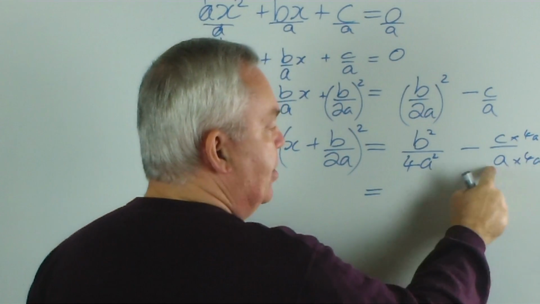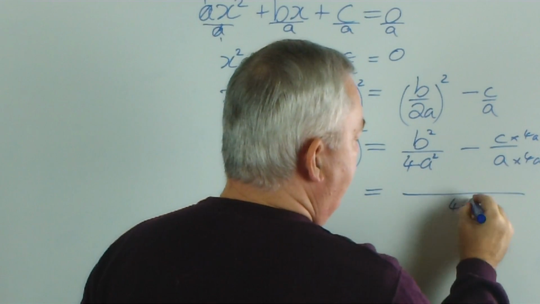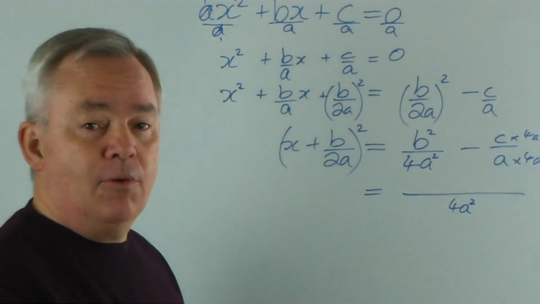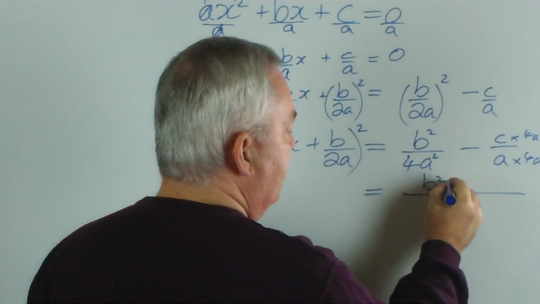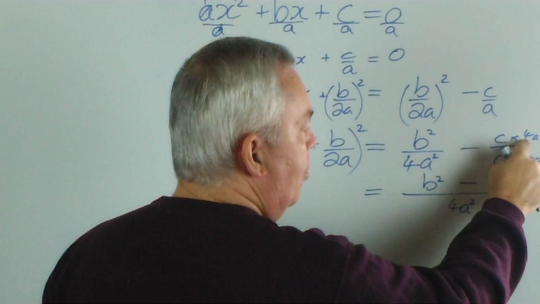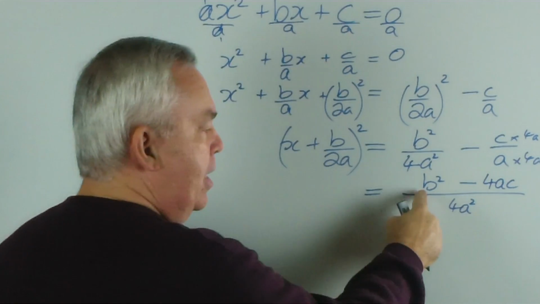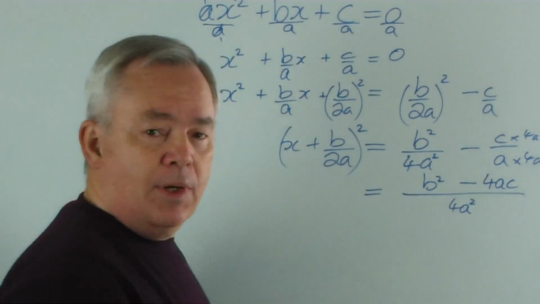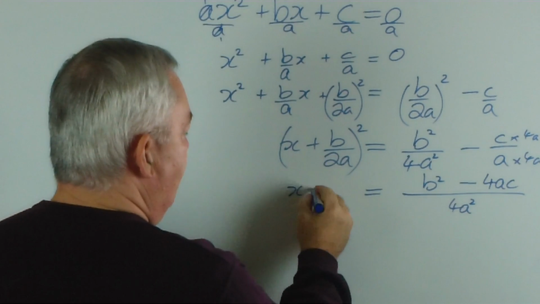So we have 4a squared here and 4a squared there, which means our resulting fraction will have 4a squared on the bottom. This part has a b squared on the top, minus, and this part has 4a times c, and you can see here part of the quadratic formula appearing. I'll just copy this again.